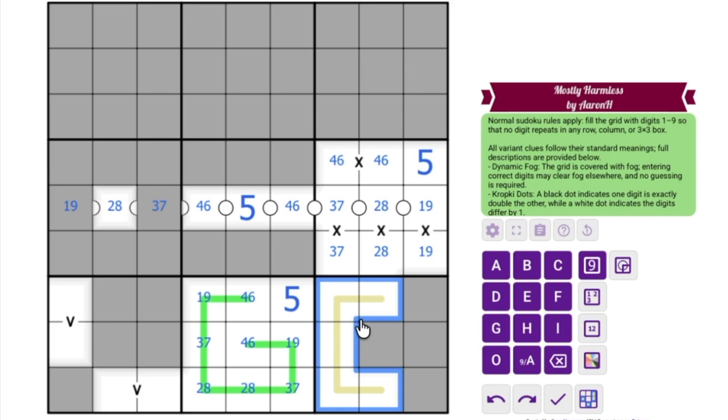Now, because it's a 5-cell line, we know, with the digits 1 through 9, the only way to have digits that are at least 2 apart and 5 of them is the odd digits. So this line will only consist of odd digits.